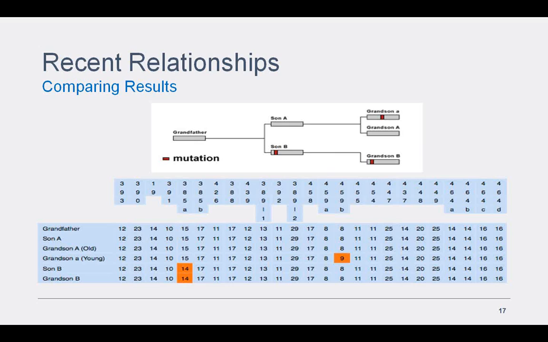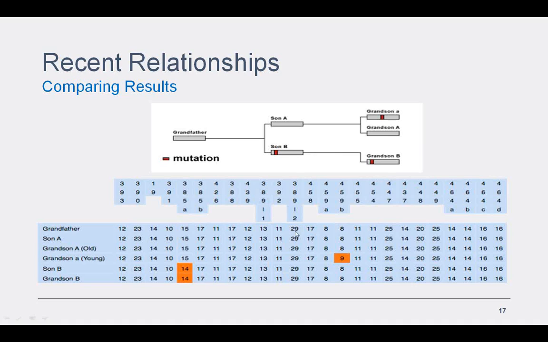And it's certainly not every marker that mutates, in every generation. It might just be one marker that mutated between grandfather and son B out of all the markers they have on their Y chromosome. So, that's important to keep in mind. Usually between father and son, you wouldn't find more than one mutation. I think I have heard of and seen some rare cases where there were 2 mutations between father and son. In most cases, if there's any, there's going to be one.